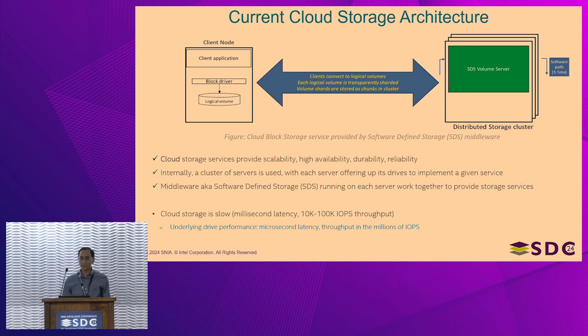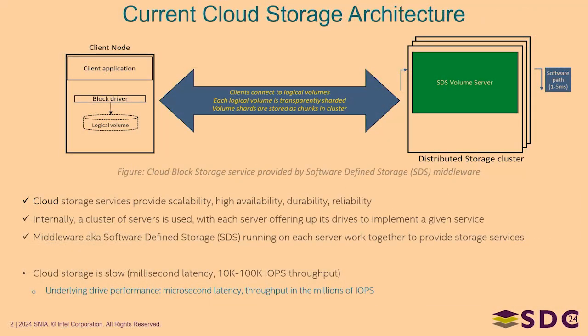And the extents of these volumes are essentially stored on some subset of the servers within the cluster, right? And the middleware provides this view of a logical block image to the client application.